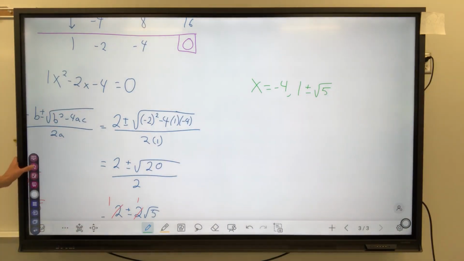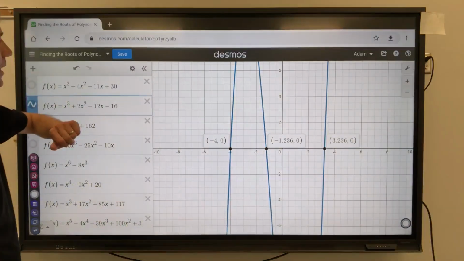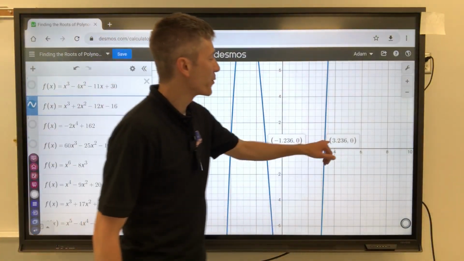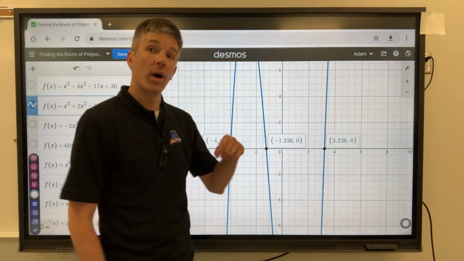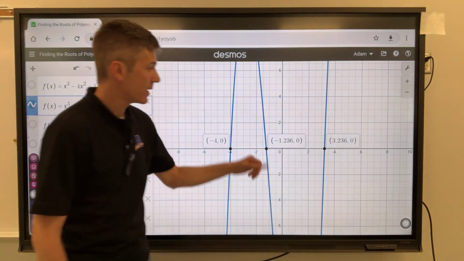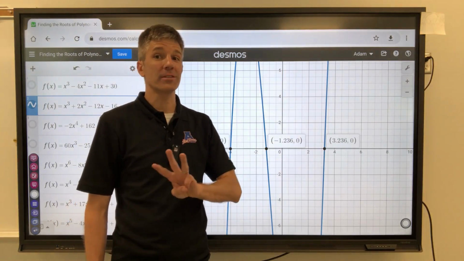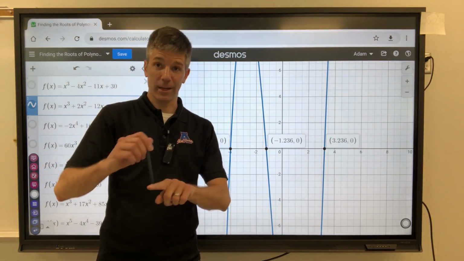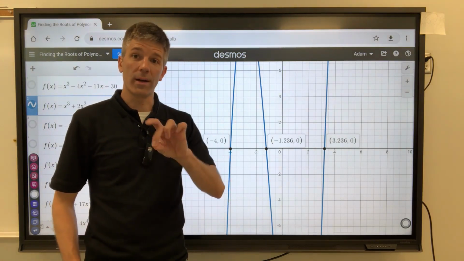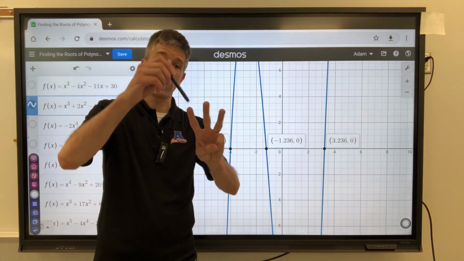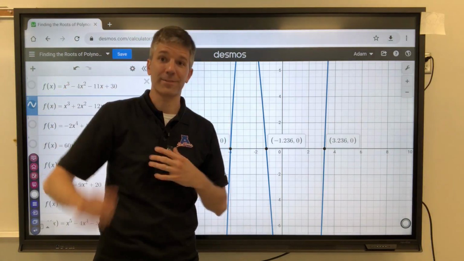Let's find out. 3.236 is 1 plus the square root of 5, and then negative 1.236 is 1 minus the square root of 5. You have found your three solutions. It was negative 4, and then 1 plus or minus the square root of 5. So negative 4, 1 plus the square root of 5, 1 minus the square root of 5.